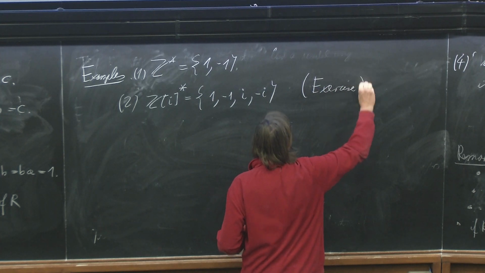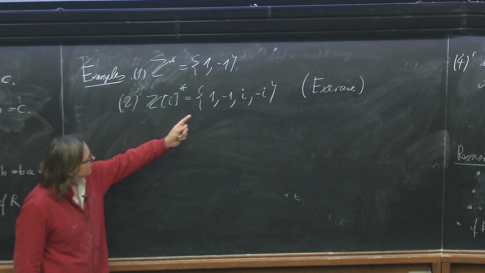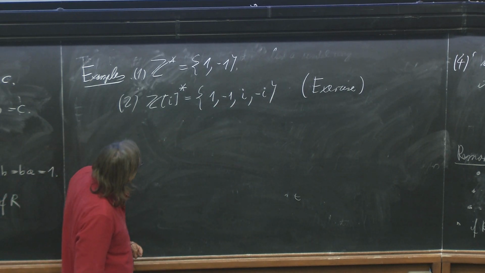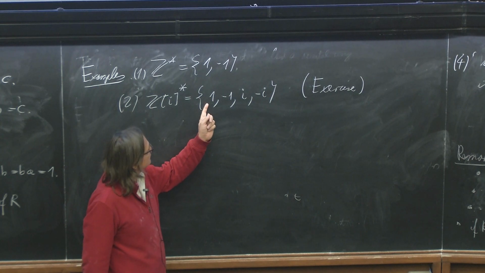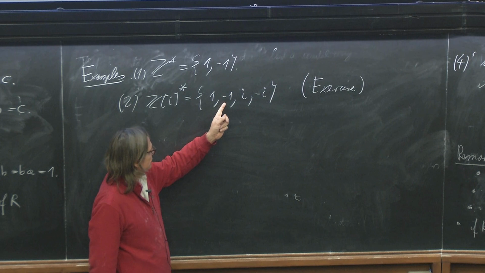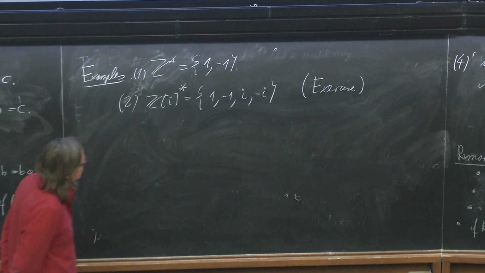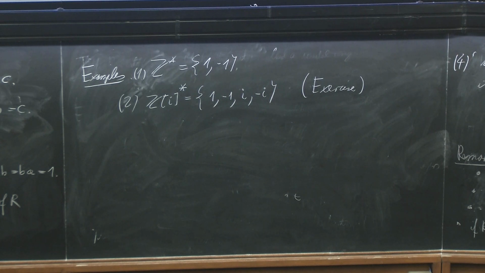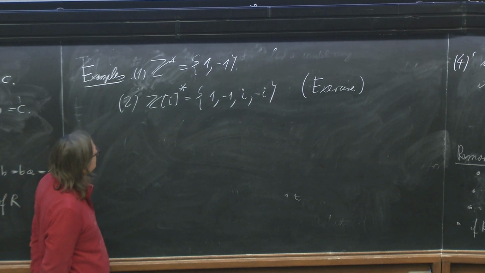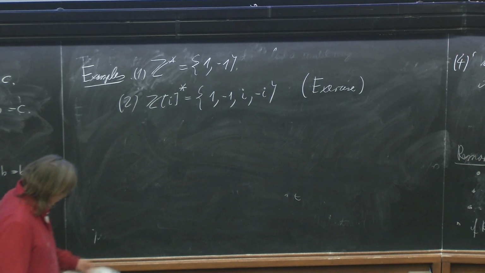Check this, it's quite simple. You can certainly see that all of these are units. One is a neutral element. Minus 1 times minus 1 is 1. i times minus i is 1. So they are all units. And conversely, to see that these are all the units, you have to think a little bit, but it's not very difficult.